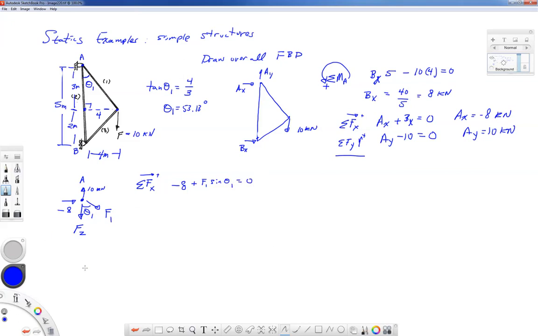Let's talk about why we need the sine theta component. Let's just draw the force F1 right here. By tip to tail, we know these are the components of the vector, and this is the angle theta 1, and this is the hypotenuse. That's the force F1, and this is the adjacent side, and this is the opposite side. The sine of theta 1 is the opposite over the hypotenuse.